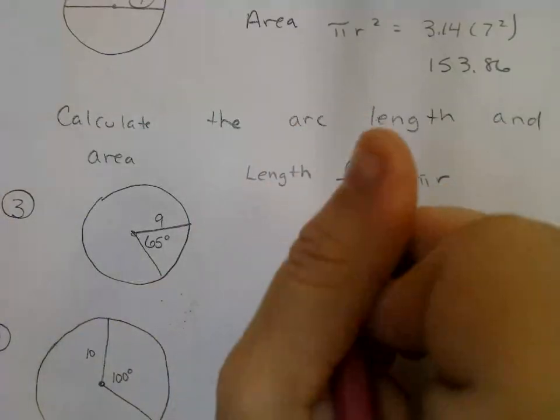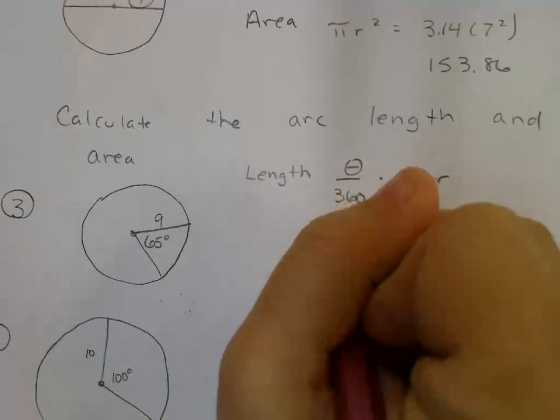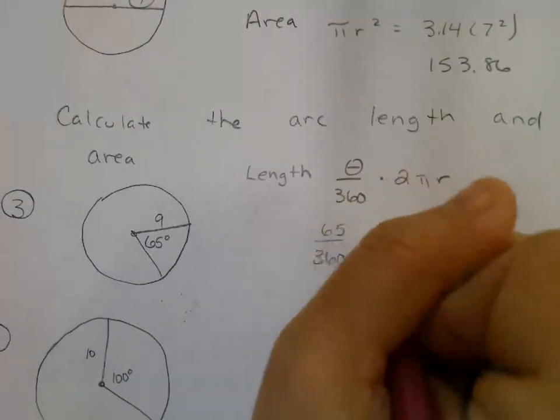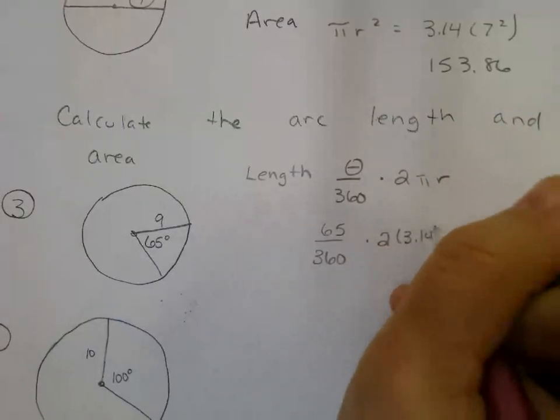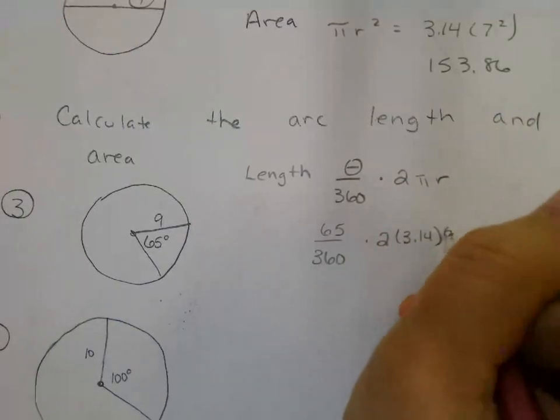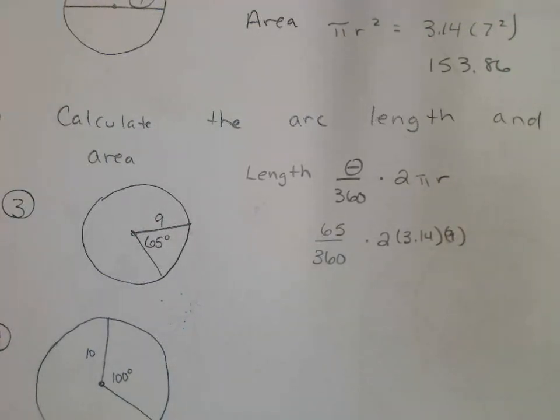So for this one, I would do 65 over 360 times 2 times 3.14 times my radius, which is 9.